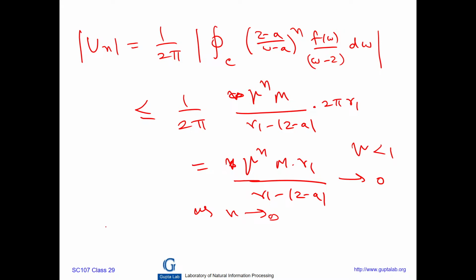So that means mod of un goes towards 0 as n tends towards infinity. So you are done, right? We have only used algebraic manipulation, and so basically this whole thing goes towards 0, means close to epsilon or whatever you want to say, right? The whole thing goes towards 0.